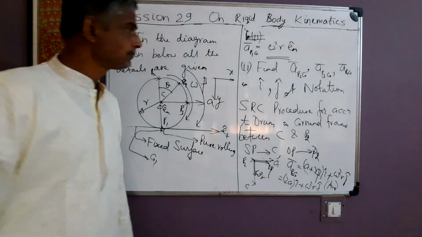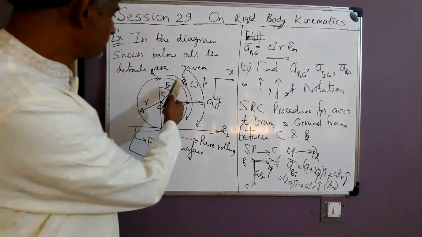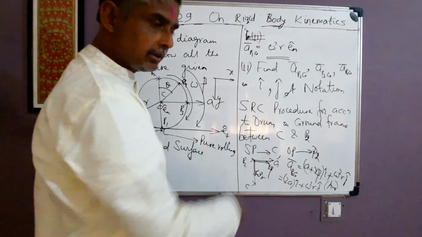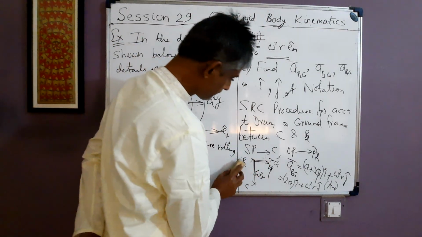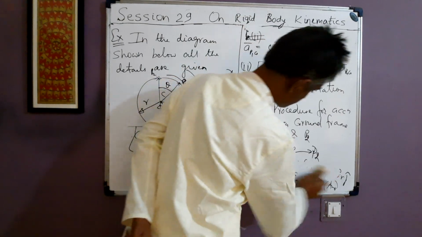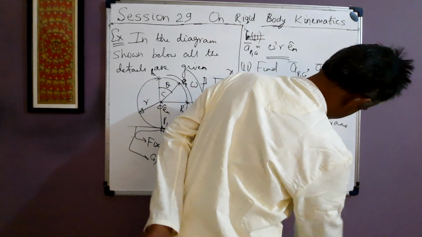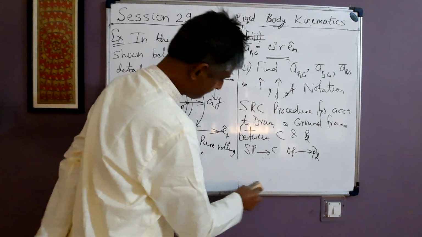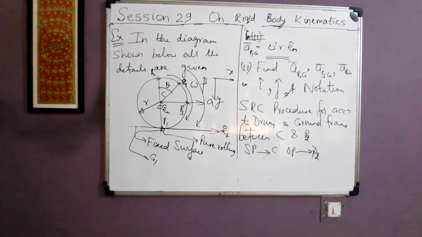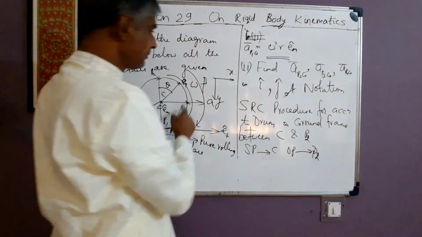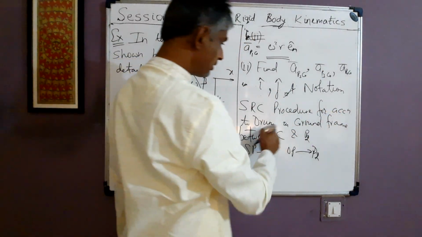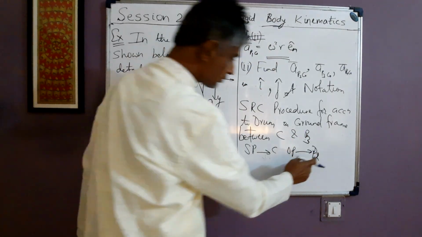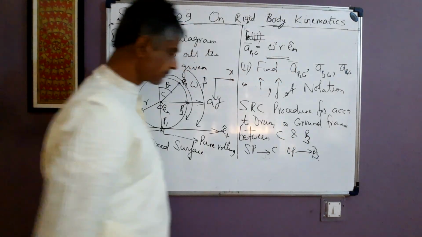Alright, fine. Now I find the acceleration of P3 and P4. To find A P3G, we apply the SRC procedure of acceleration to the drum in the ground frame between the point C and P3. So here instead of P2 it becomes P3.